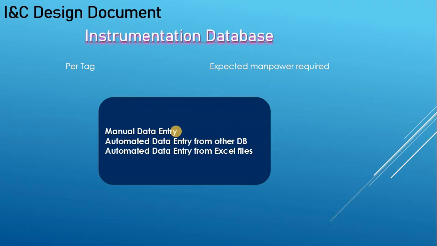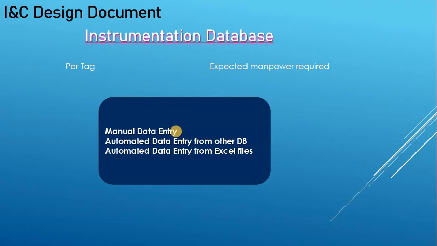And I have a separate video which explains how those different databases can interact and how to use these databases to check and make sure that your data is absolutely correct in each one of them.